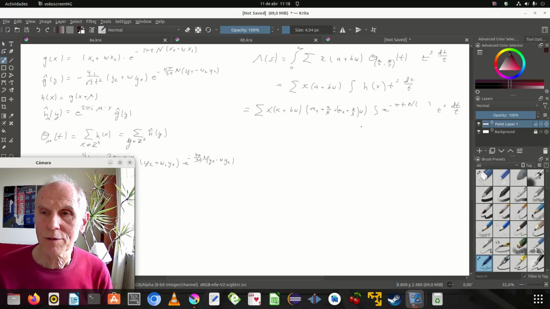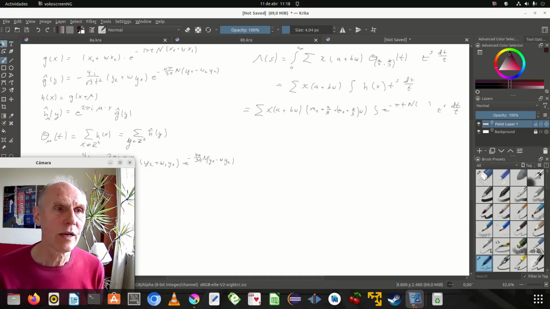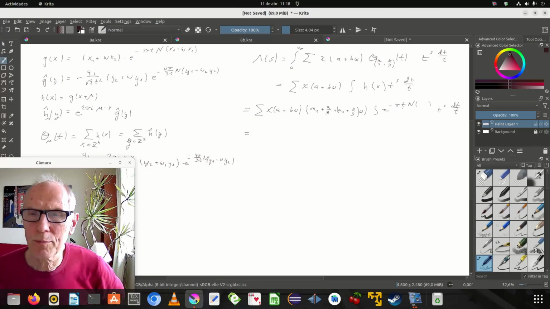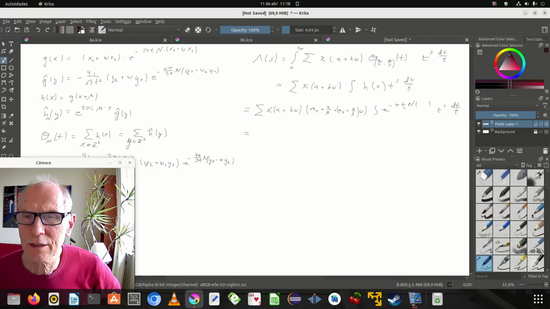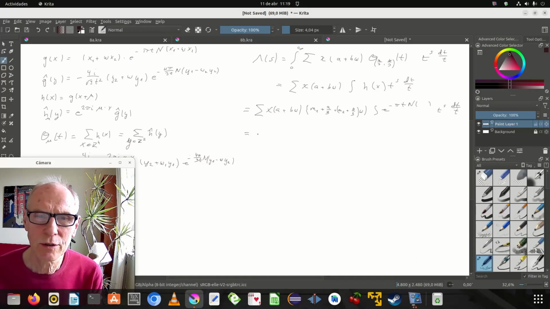Oh, that took something like 20 minutes. I went through the whole calculation again and ended up with this. The integration gives a pi to minus s, the norm to minus s, gamma s.